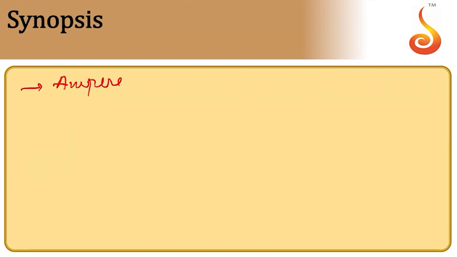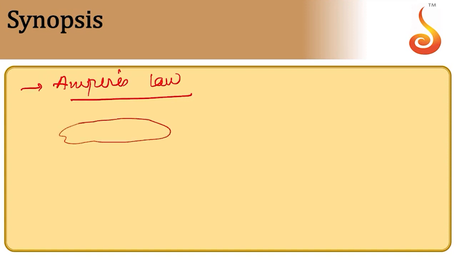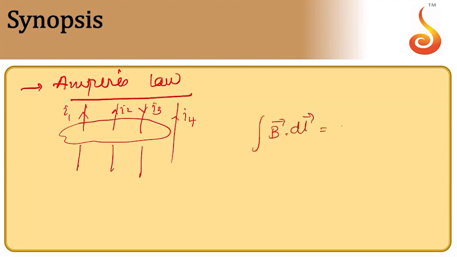Ampere's law is a tool which helps us in calculation of the magnetic field easily if there is a symmetric distribution of current. It's very simple. Let us consider an Amperian loop like this, and there are a couple of conductors carrying current, for example I1, I2, I3, I4, etc. Then according to Ampere's law, the loop integral of B dot dl over this circular loop is given by mu naught into I net.